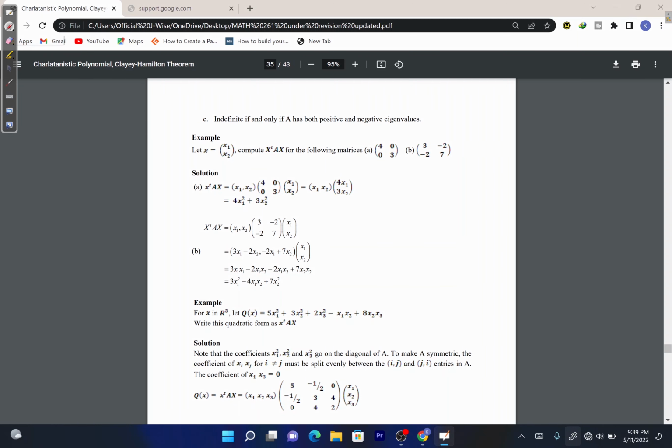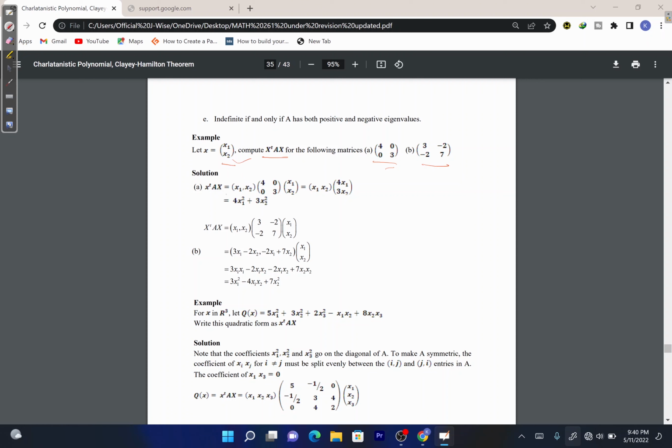So let's look at some examples. We let x be a vector of two dimensions, x1, x2. Then we have to compute x transpose Ax for the following two symmetric matrices. First, consider the symmetric matrix A. Since A is a 2 by 2 matrix, our vector x should be 2 dimensional, so we let x be x1, x2.